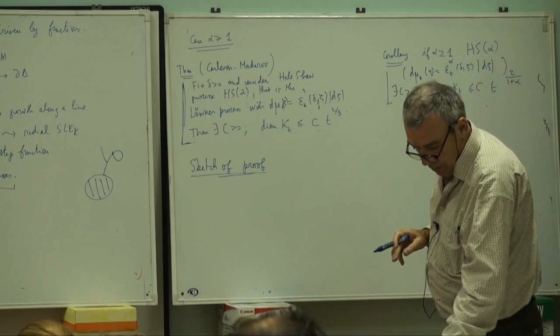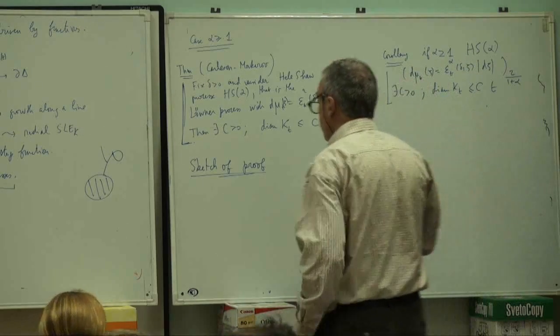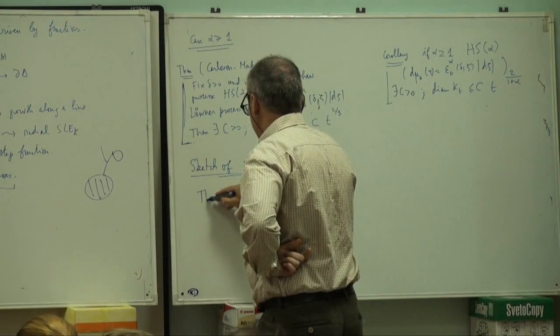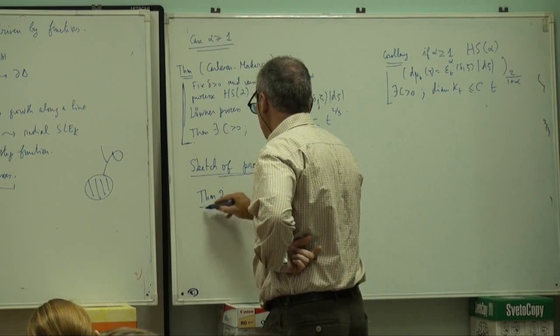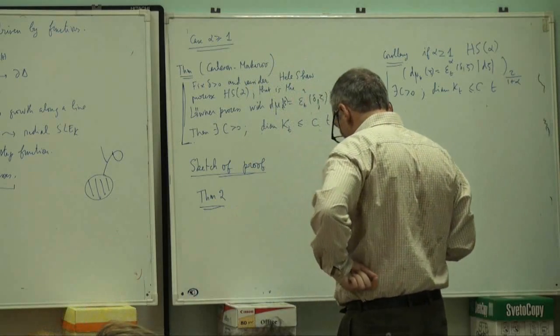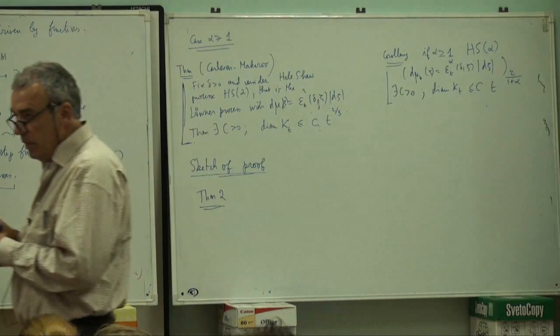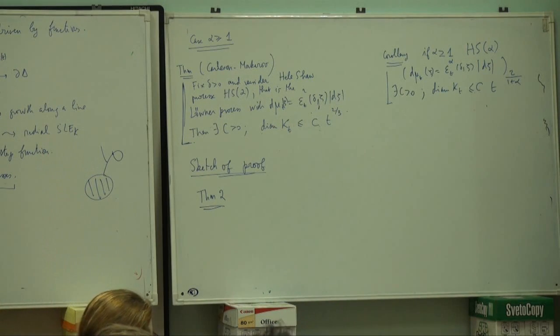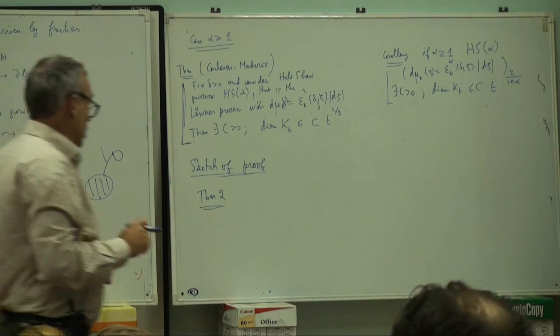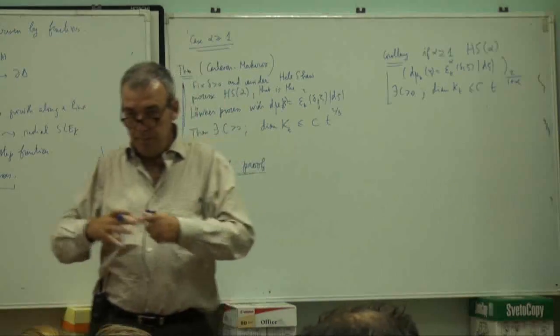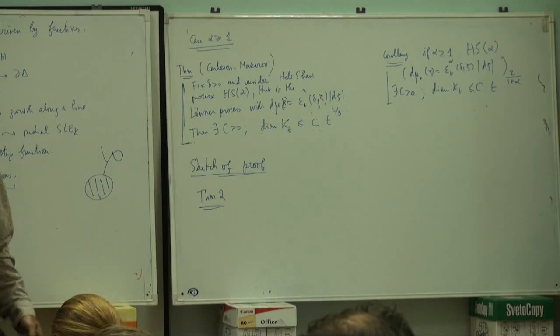Okay, so let me state another theorem, which will be the working property, actually. So theorem 2. We will study the time needed to essentially double a size, or maybe not double, maybe take 10 times the size.